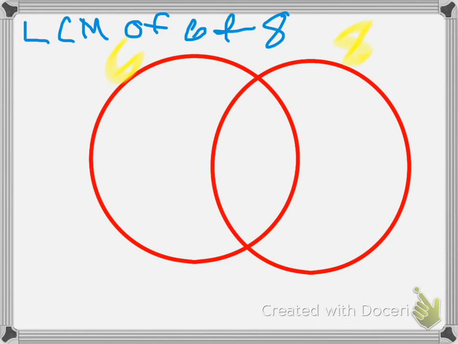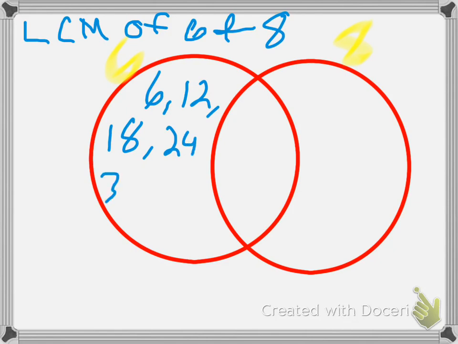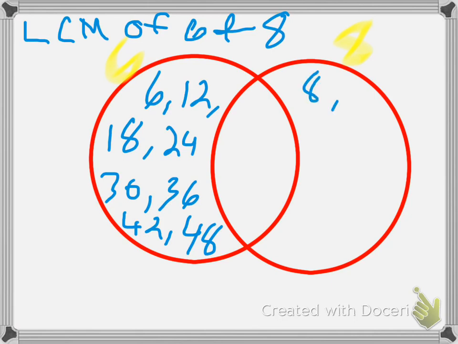So if I start on the left side, I would have 6, 12, 18, 24, 30, 36, 42, and 48. On the right side, I would have 8, 16, 24. Oh, I just realized there that 24 was in both.